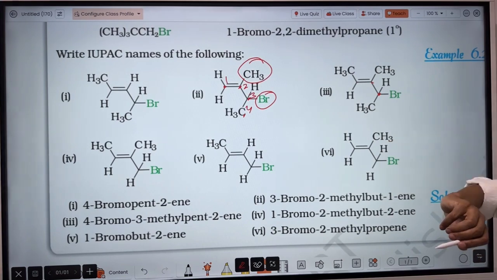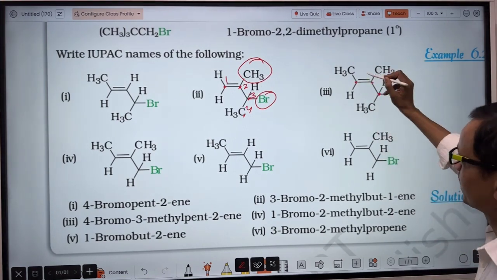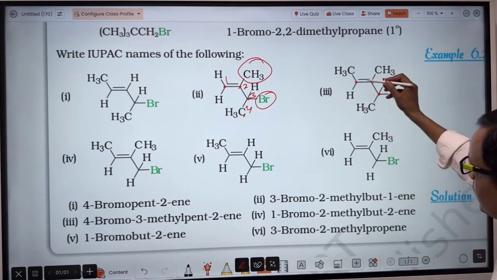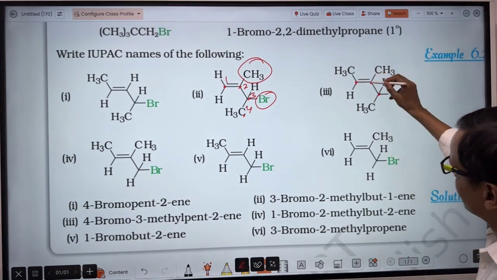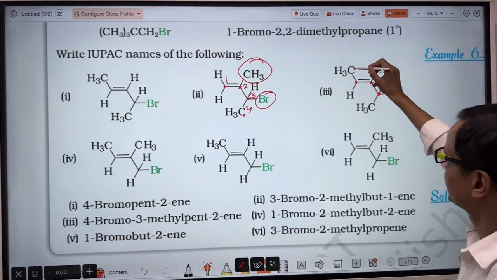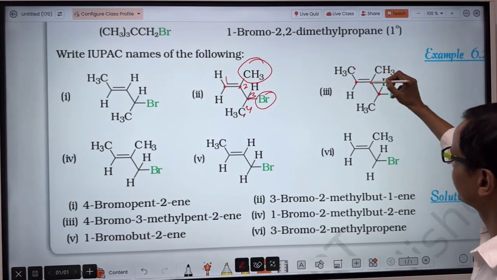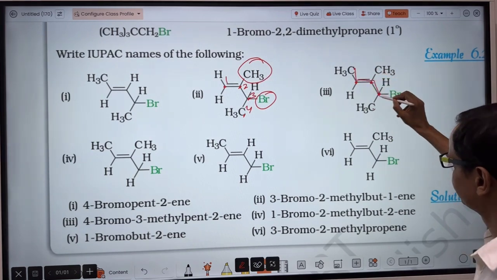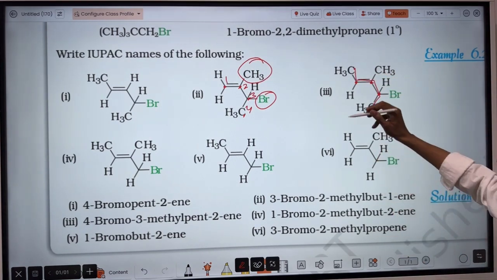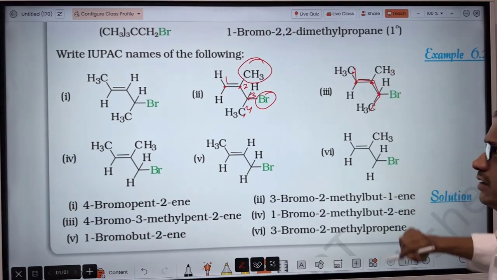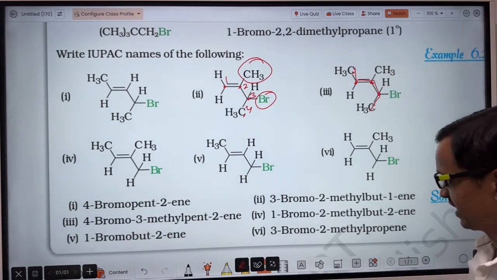You will have to select that longest carbon chain which includes this carbon and this carbon. So the chain will come from here. How much carbon will the chain have? 1, 2, 3, 4, 5. So the main chain will be of 5 carbon atoms.